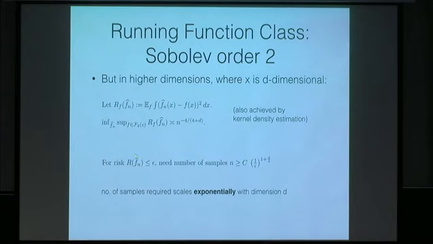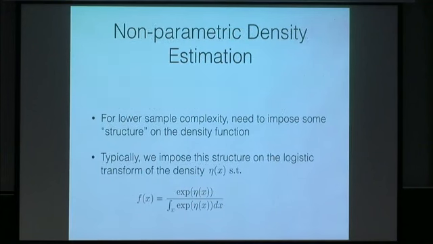And this is for a very, very simple function class, though you may also argue it's too flexible, right? These are the so-called smooth functions, but for most infinite dimensional function classes, you essentially face this exponential sample complexity problem. The number of samples that you need scales exponentially in the number of dimensions, and this is not possible, even in the big data era, right?